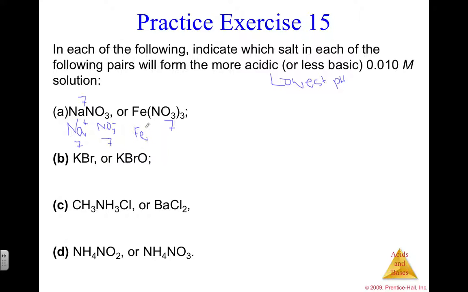Well, this isn't the cation of a soluble metal hydroxide. And remember that all other cations have a pH that is less than 7. So overall, less than 7 and 7, our pH will be less than 7. So then which one will be more acidic or less basic? That will indeed be iron 3 nitrate.